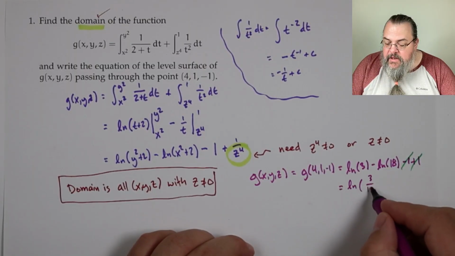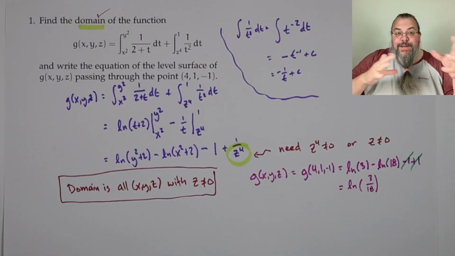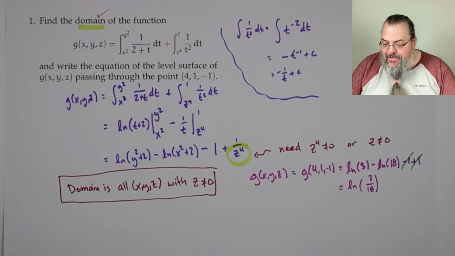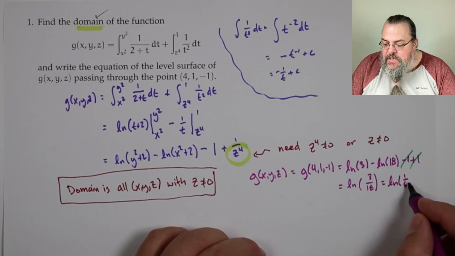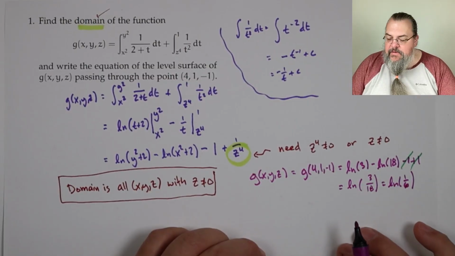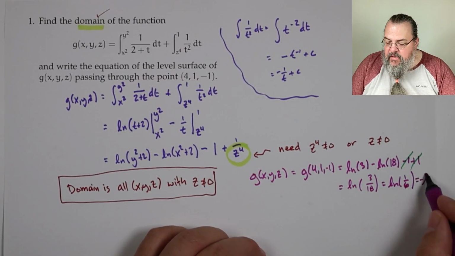So 3 over 18, using properties of logs, right? Log subtraction becomes division. Really useful fact. Good to know these things. So this is log of 1 over 6. And if you like, because 3 and 18 have a factor of 3, you can even say log of 1 over 6. That's the same as minus log 6.